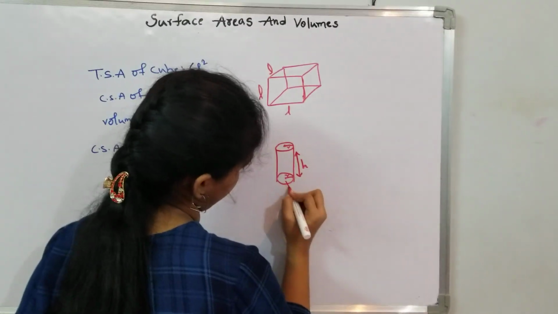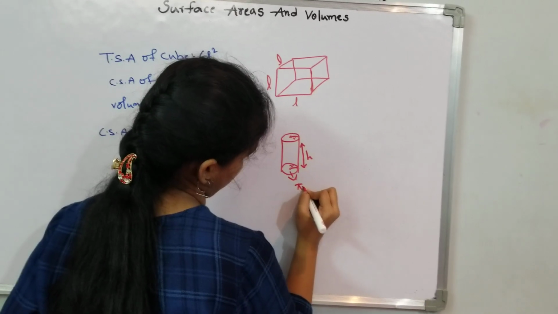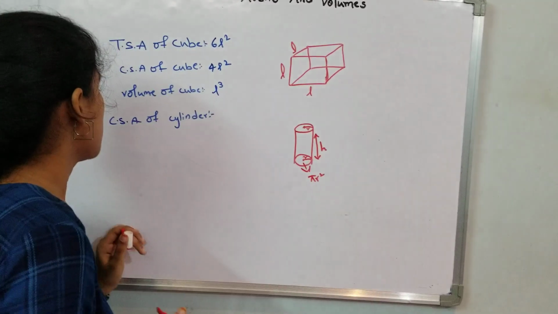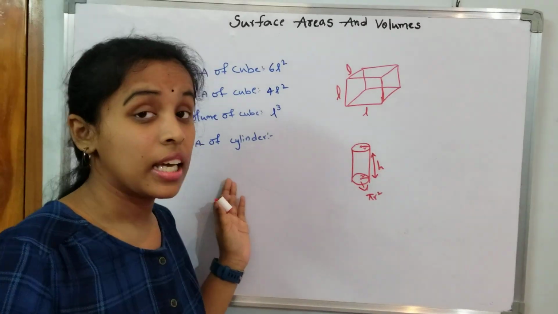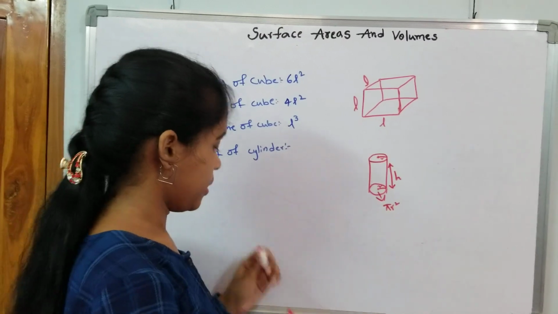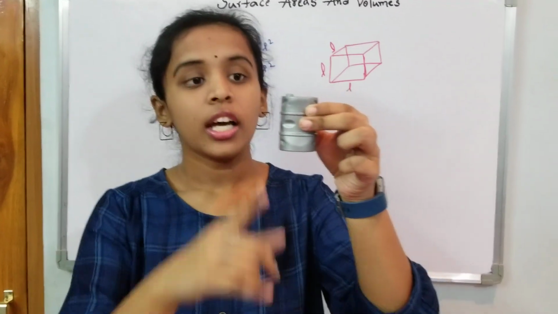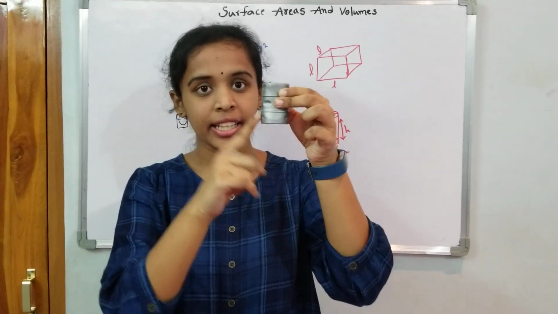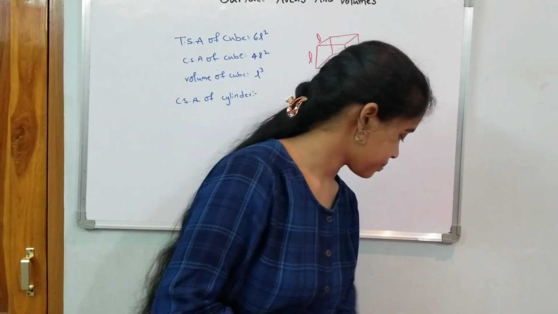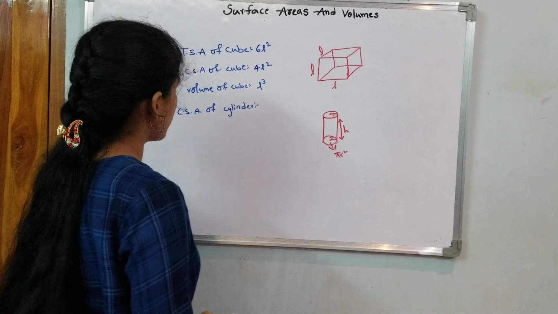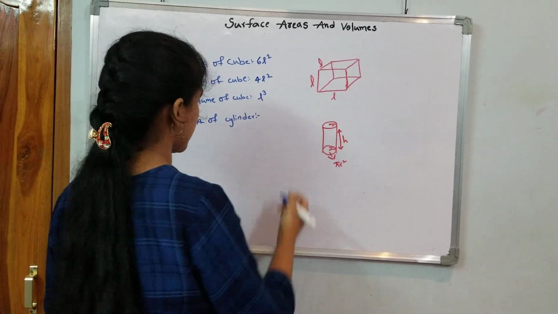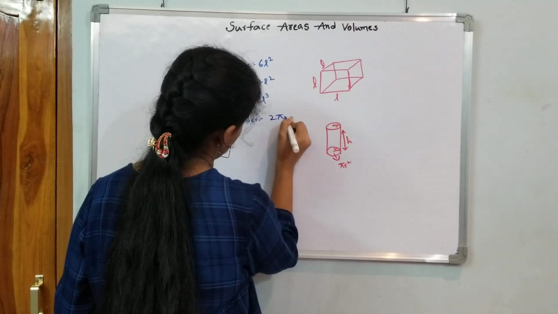This is the height, and pi r square. This is the cylinder which has height and radius. So the curved surface area of cylinder is 2 pi r h.